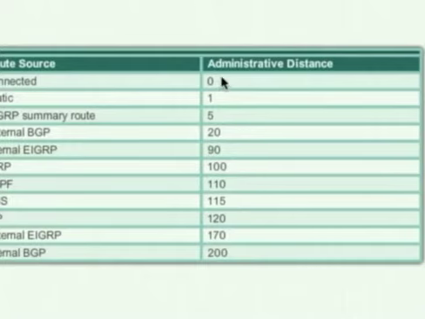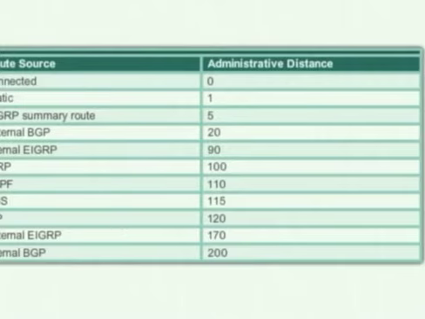Here we have the administrative distance if we have two networks directly connected, the static route, the administrative distance of the EIGRP summary route, and other administrative distances for other protocols. The administrative distance represents the trustworthiness of the route.